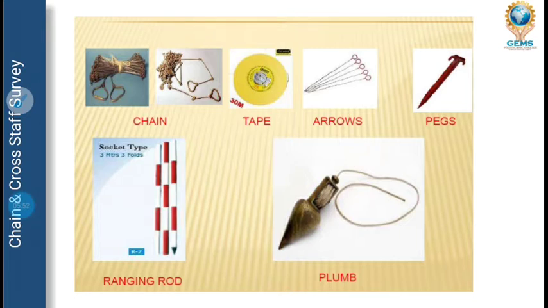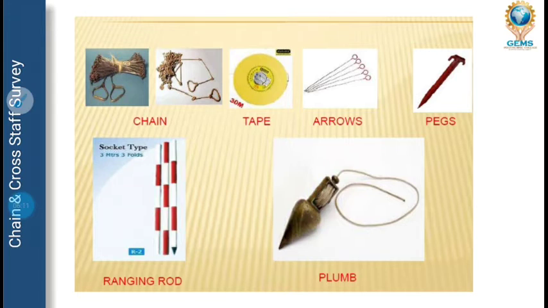When you do chain survey, pegs are used for marking. Then ranging rod. What is a ranging rod? When you use chain survey, it helps while marking or plotting a point. With the help of the ranging rod you can mark the point.